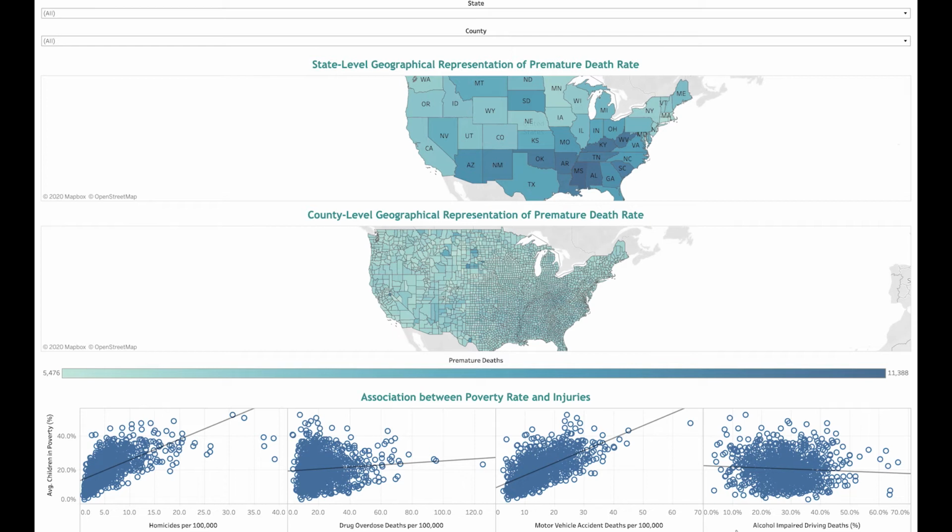Now let's say we are interested in evaluating whether there exist relationships between poverty and premature deaths in Oklahoma. Using this dashboard, we can filter data to a selected state.